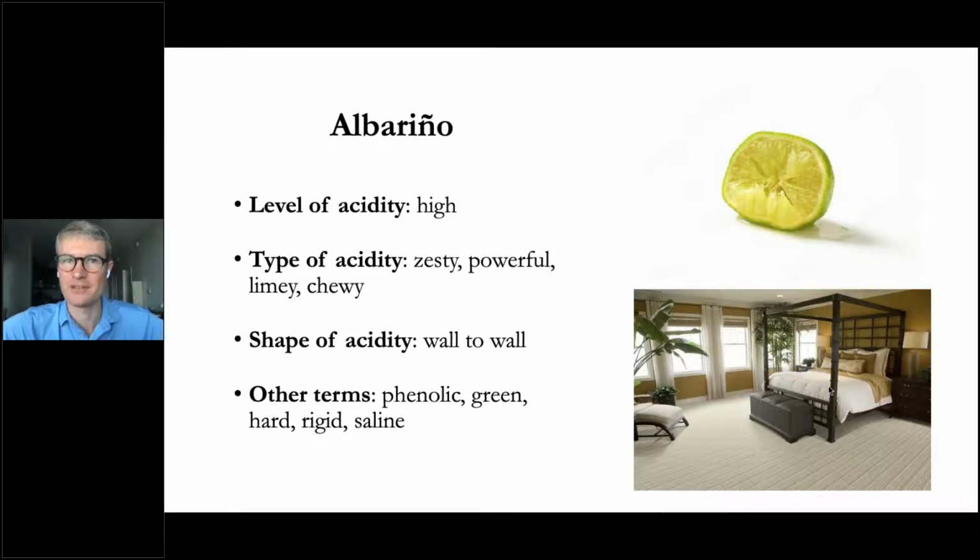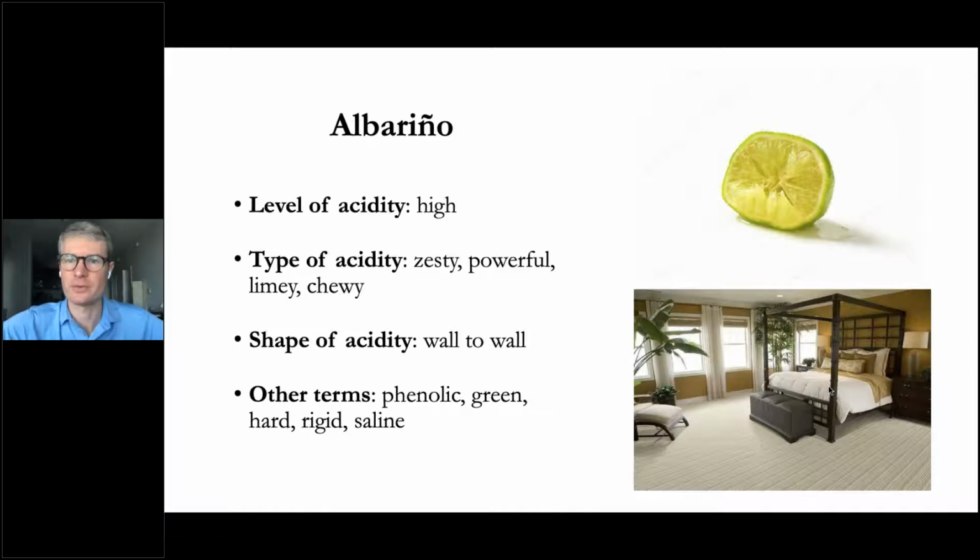Now, this is super cool because salinity is a sensation that you get in Muscadet and Albariño and Assyrtiko, and some other lesser varieties in Galicia and other regions. But again, salinity is another aroma or flavor or texture or all of the above, which adds a sense of freshness or vibrancy to the wine.